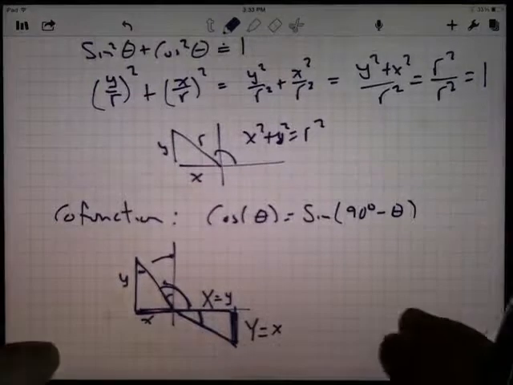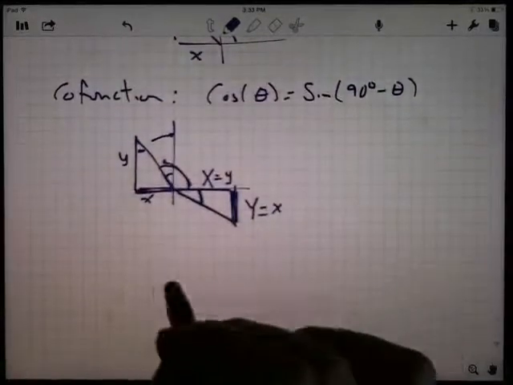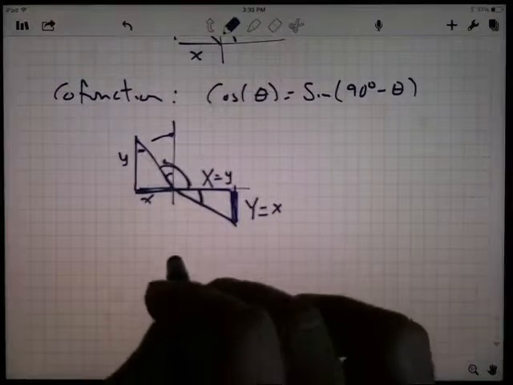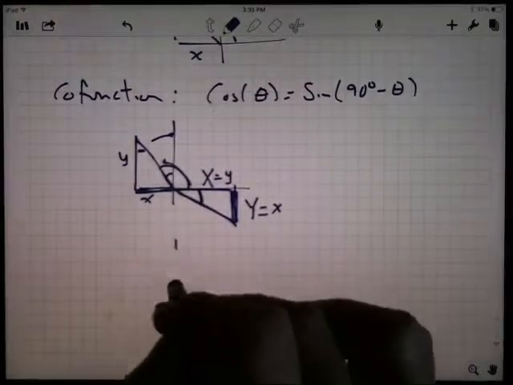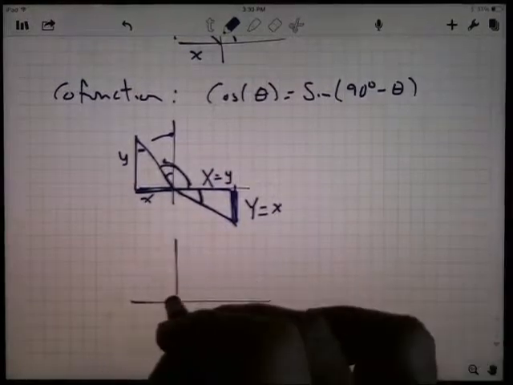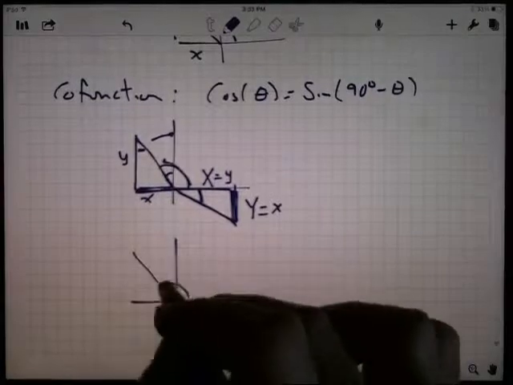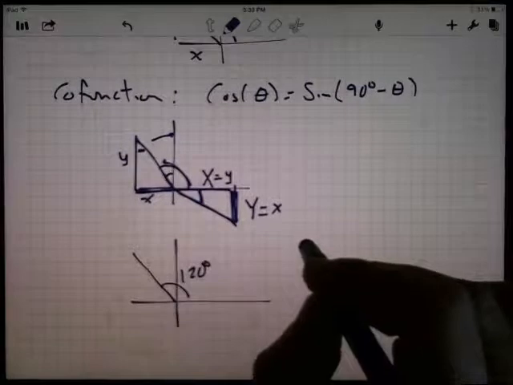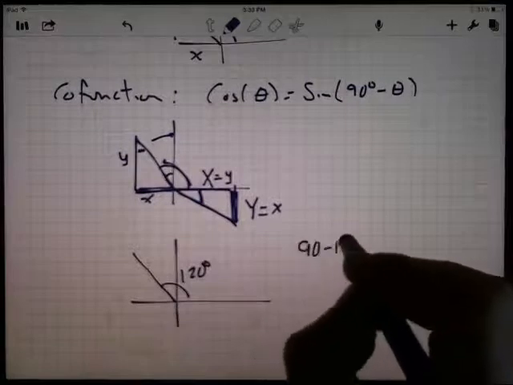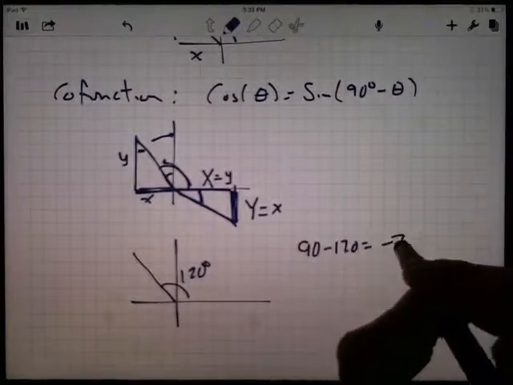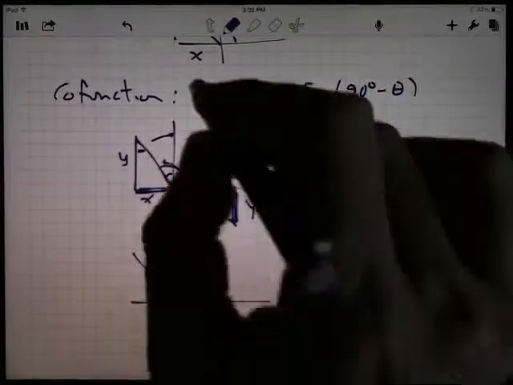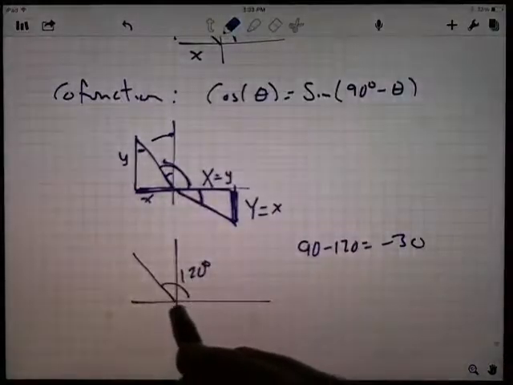Let's do that with a particular example here, where I can actually put some numbers in. So for instance, if I use 120 degrees, so here's my angle, put a 120 degree angle in there. The complement of 120 degrees, if I look at 90 minus 120, that's negative 30. So the complementary angle is down here. Whoops, that was a pretty ugly looking 30 degree angle.